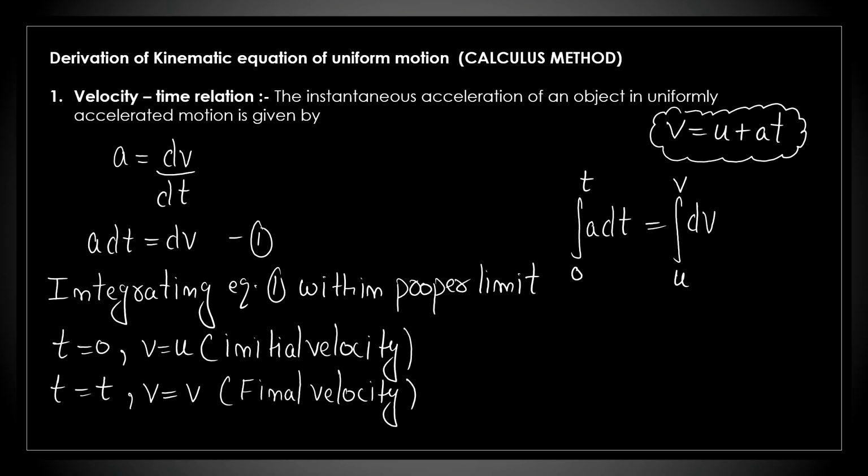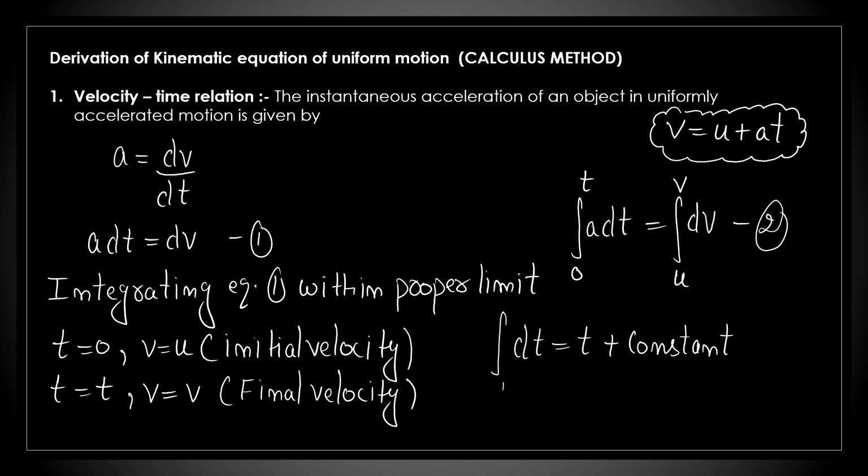Here are the two formulas for integration that I used in this above equation second. The first formula: integration of dt is t plus constant when limits are not given.